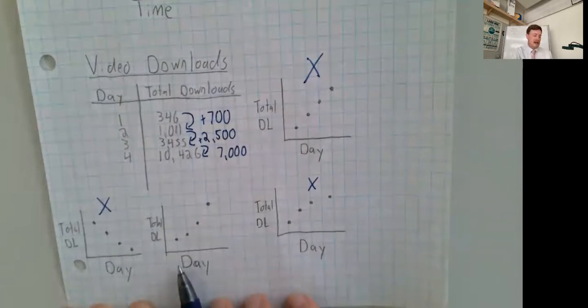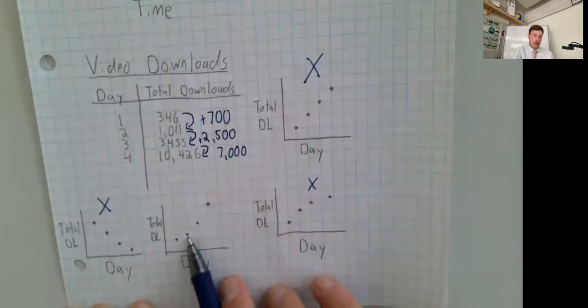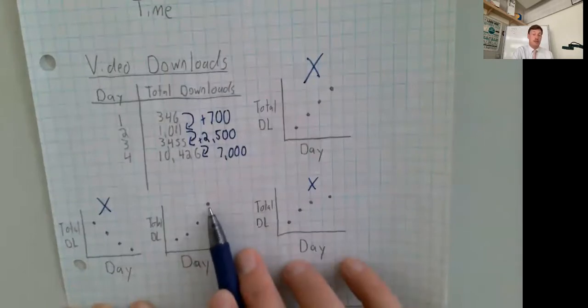So let's look at this last graph here. It's increasing, which is good, but look at the slope. The slope is actually increasing from one day to the other, and that tells me that the change is increasing in terms of the total downloads. So it's increasing a little bit here, a little bit more, and then it really jumps to that last dot there on day 4.